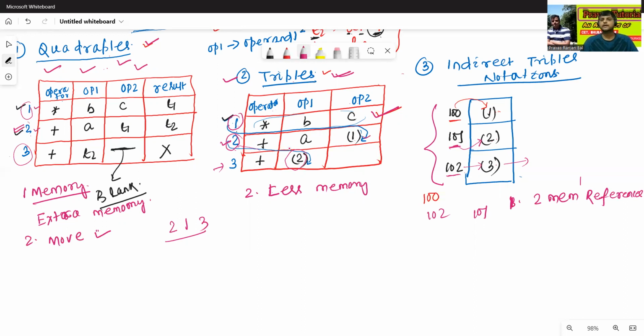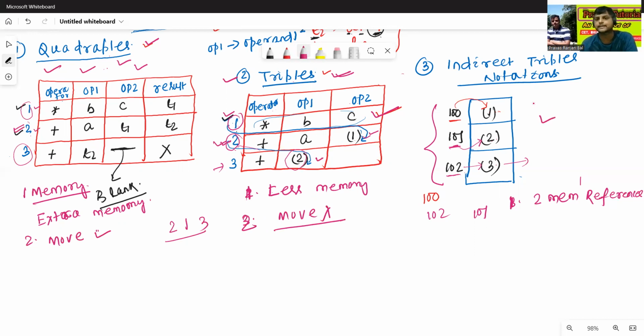If I change the order, we may face some problem, because the first reference is used in operand 2 and the second reference is used in the third statement. So we can't move here.